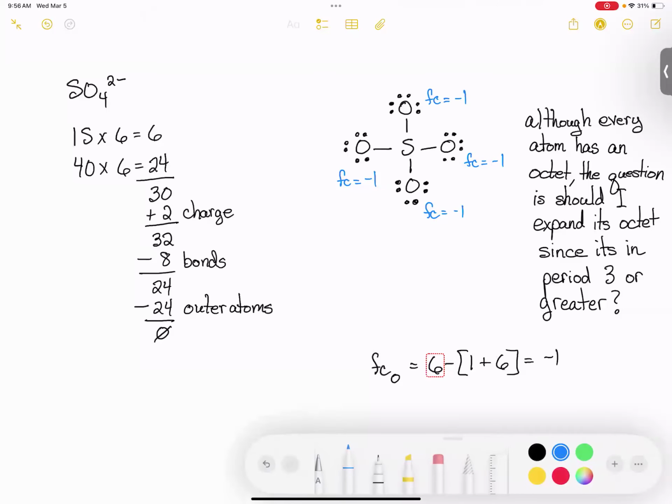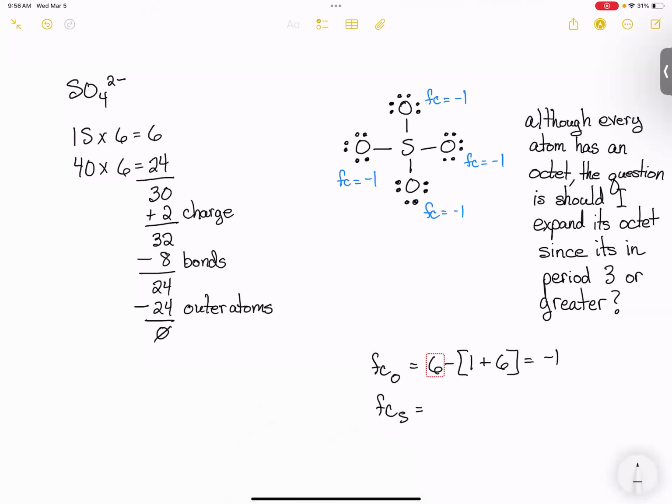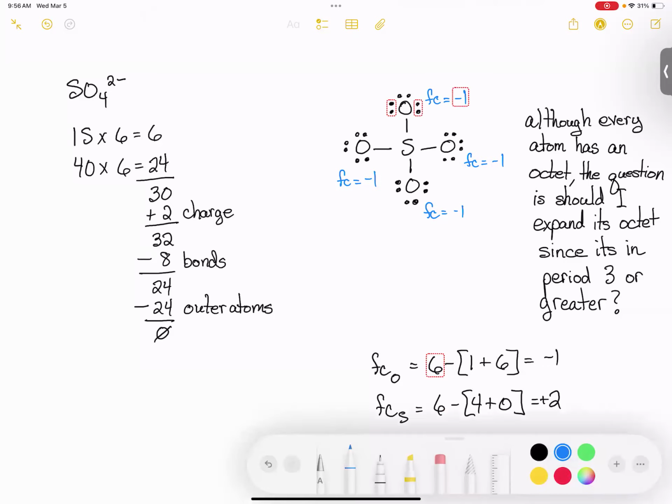Let's do the formal charge of our sulfur. It has 6 valence electrons. We're going to subtract out 1 for every bond. There are 4 bonds, and 1 for every dot. There are no dots. So therefore, it's going to have a +2 formal charge.